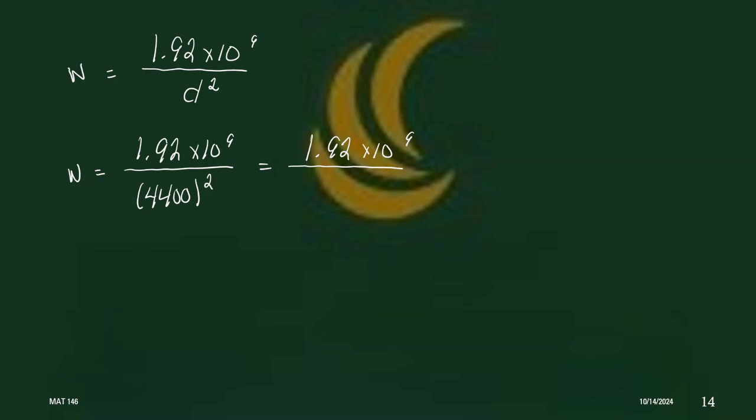Why 4,400? You add the 400 above the surface of the Earth. Yeah, so the 4,000 and then 400 above the surface, because the 4,000 is the distance from the center to the surface. Okay.